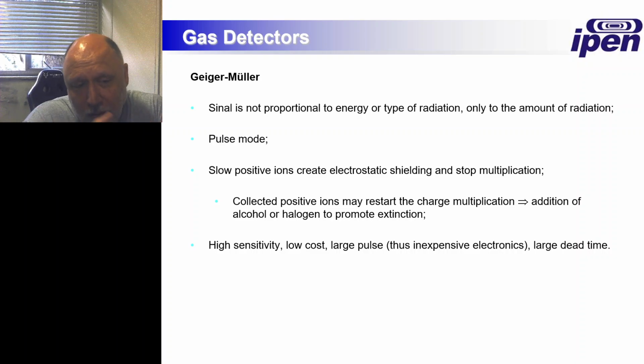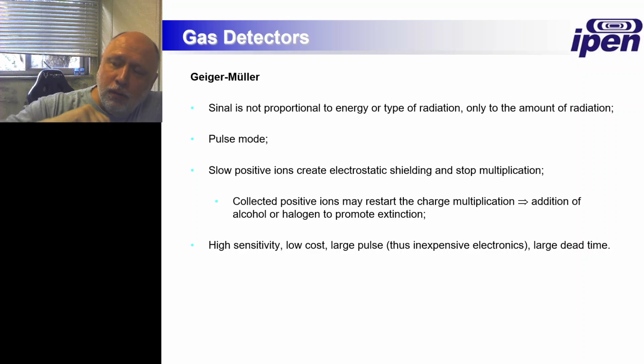It's just the signal of the detector being fed into a typical speaker. You can also use some electronics just to count these. They are very sensitive, but the dead time is large, because every time a radiation reaches there, it causes ionizations and secondary ionizations, up to quaternary ionizations.